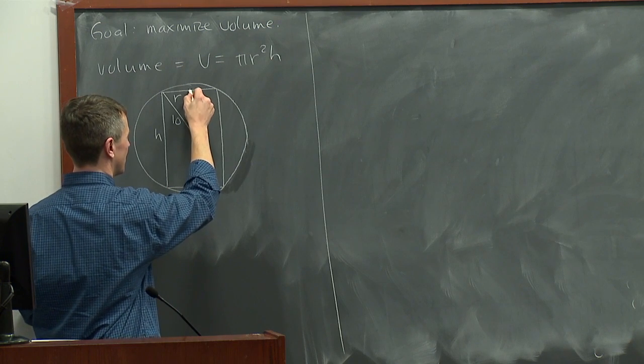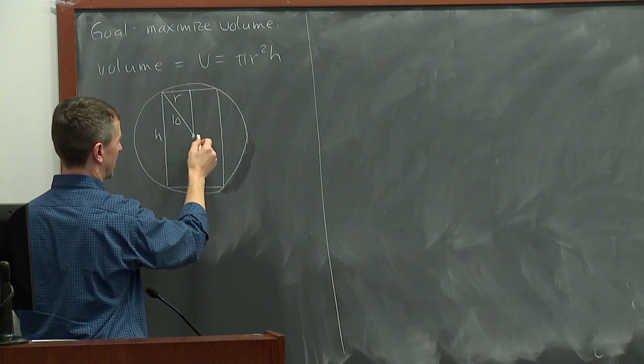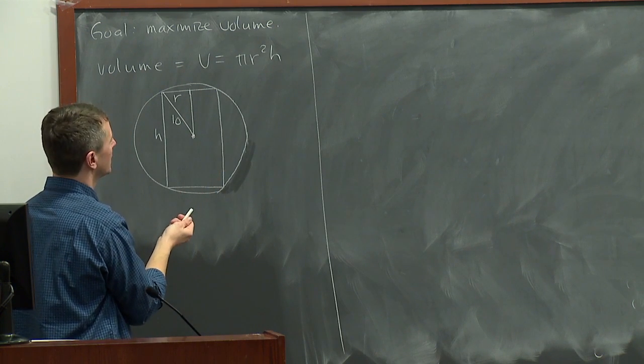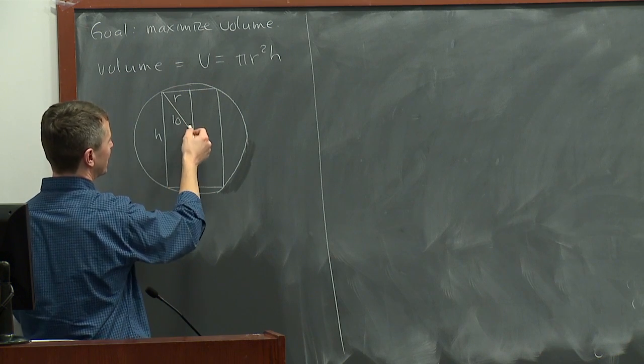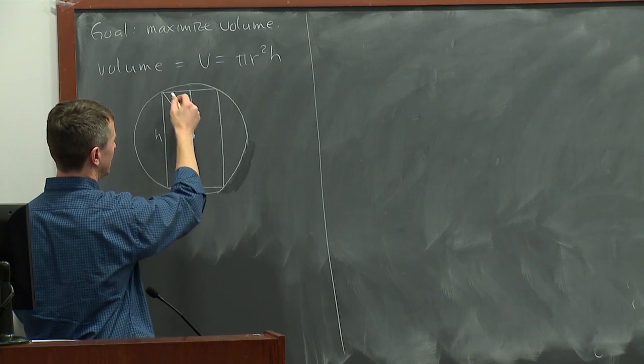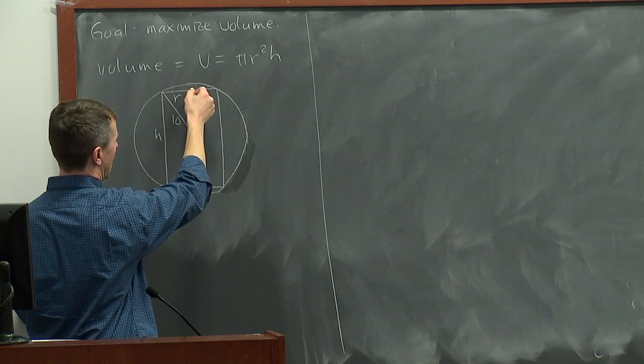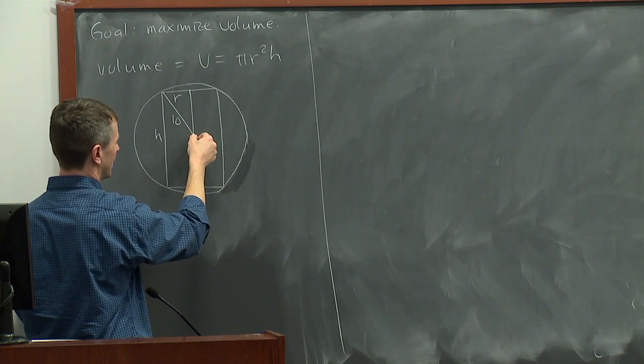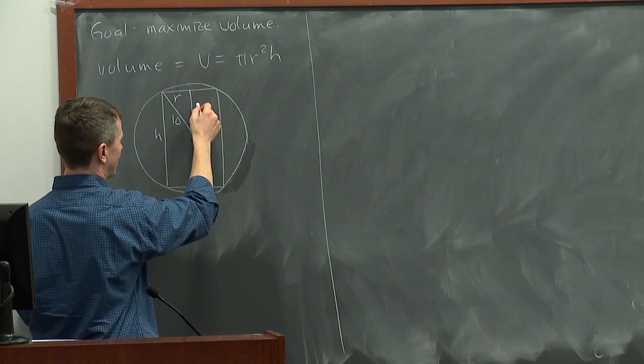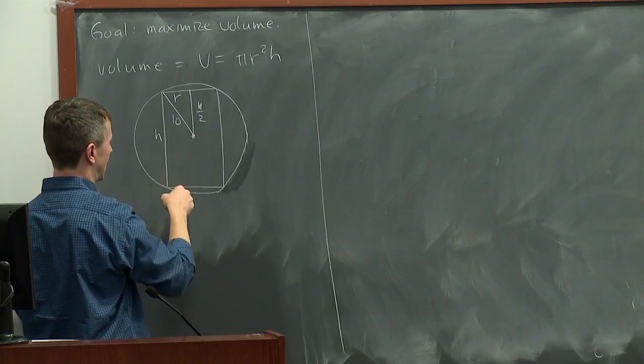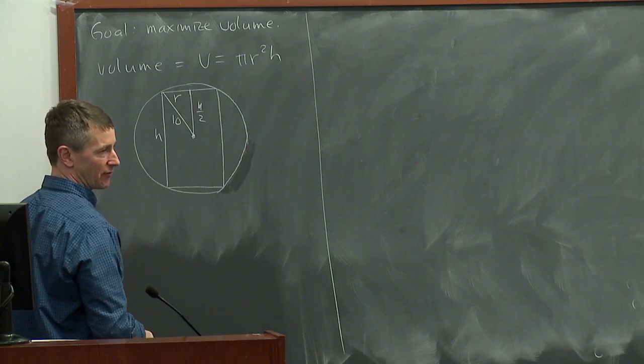Straight up like this. You could also have drawn it right here, right? Those are going to be the same. So now I've got a triangle whose hypotenuse is 10, whose one of the bases is r, and what's this base? Half of h, right? H is this entire rectangle, so this is just half of h.